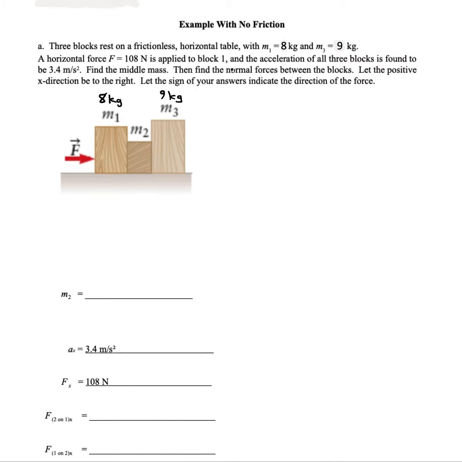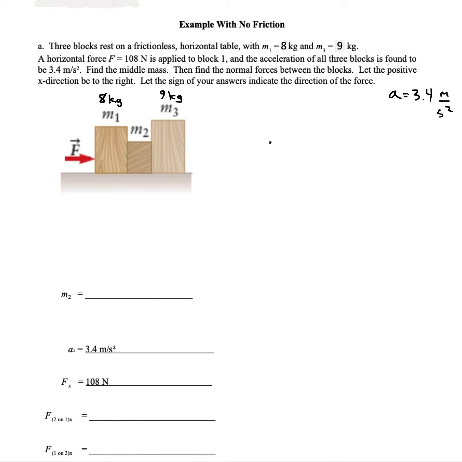The acceleration of all blocks is found to be 3.4 meters per second squared. And we want to find the middle mass. And then find all the normal forces between the blocks.